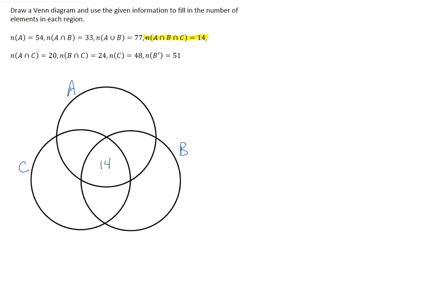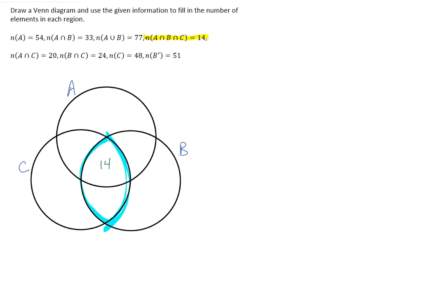Now once I start from there, then I want to work out kind of in a circular manner. So the next thing I could do would be the intersection of A and C, or I could also start with the intersection of A and B, or I could look for the intersection of C and B. Those are basically the next 3 that I want to figure out.